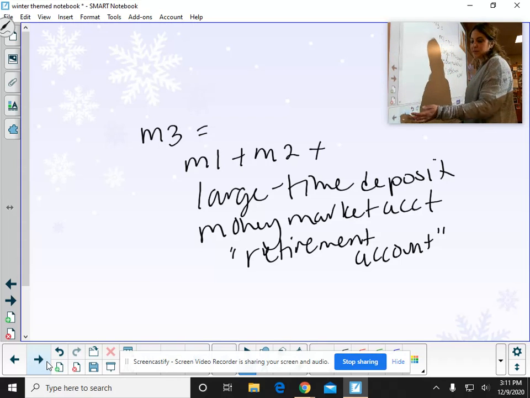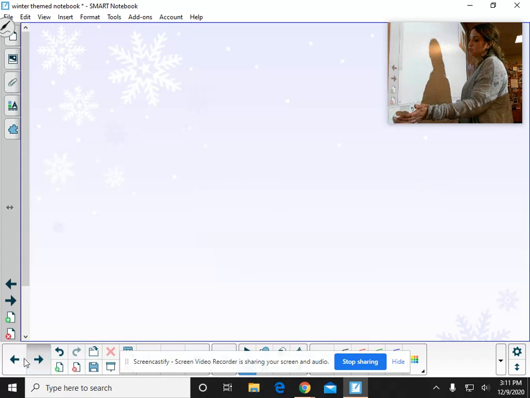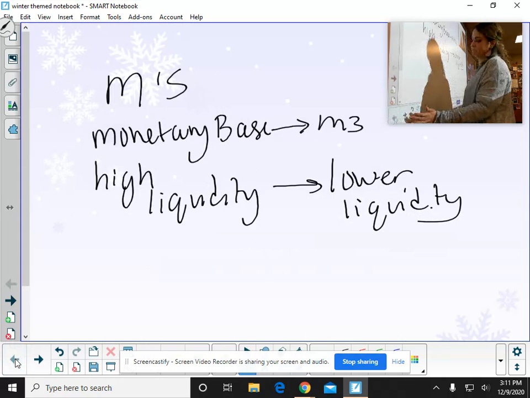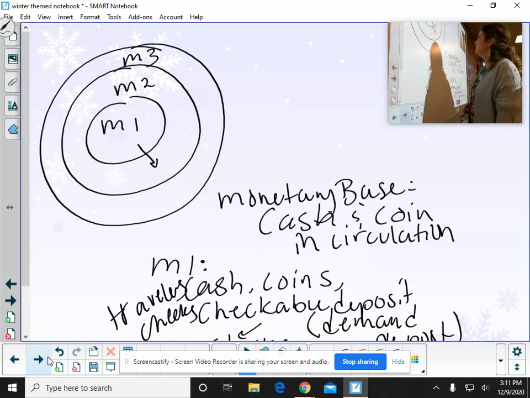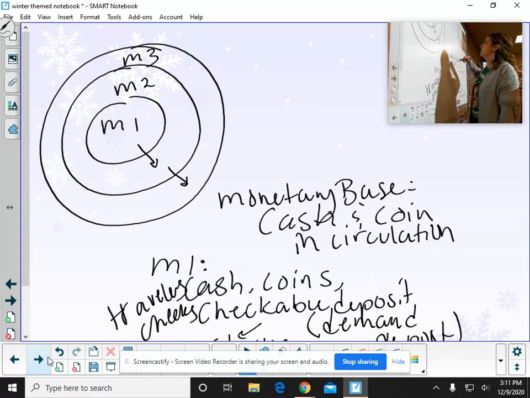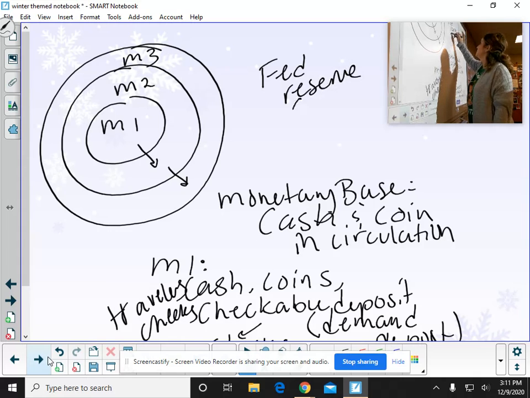So what is something that changes M1, M2, and M3? Going backwards, there's M3, and then it expands in terms of liquidity. M1, M2, M3. Let's say the Federal Reserve sells bonds.